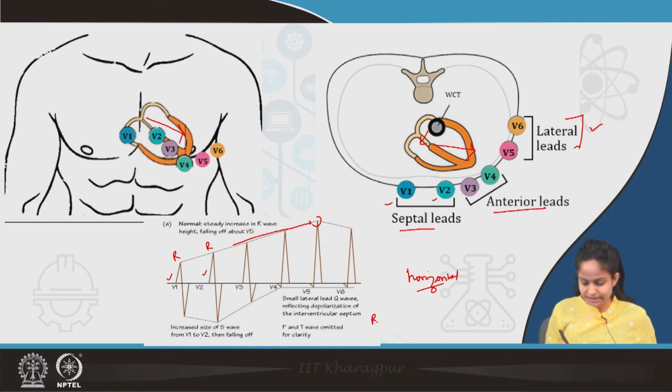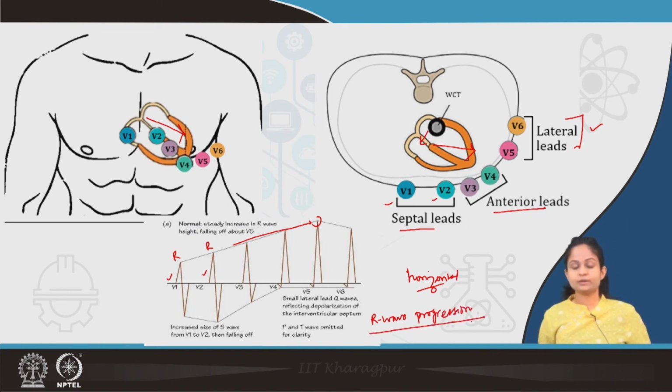This is known as R wave progression. It is a very important phenomenon to look for whenever we are interpreting an ECG. R wave progression occurs from V1 to V6. There are no Q waves present in V1 and V2. V3 generally gives biphasic waves, and V4, V5, V6 generally give the tall R waves.